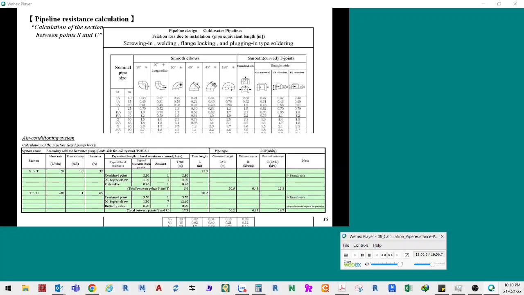Here, the size of the pipe after the combined point S is 32A. Similarly, the size of the pipe after the combined point T is 65A. The equivalent length of the section between points S and T is 2.1 meters. The equivalent length of the section between points T and U is 3.7 meters.